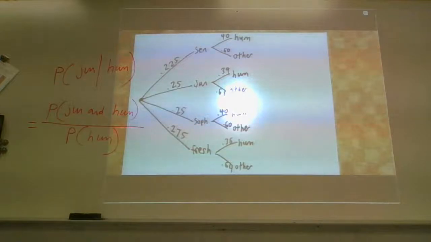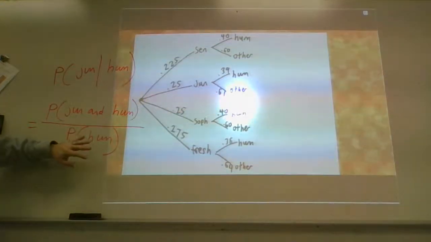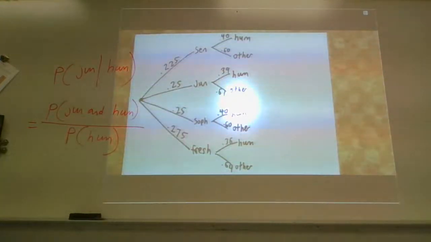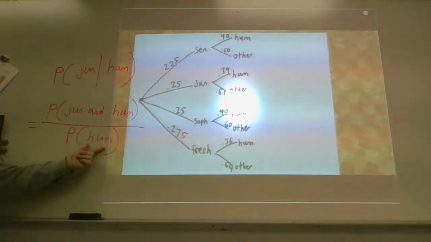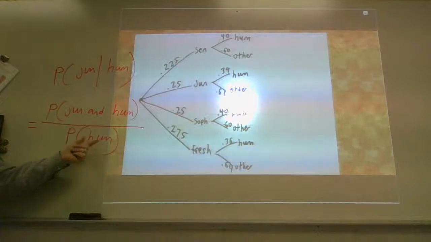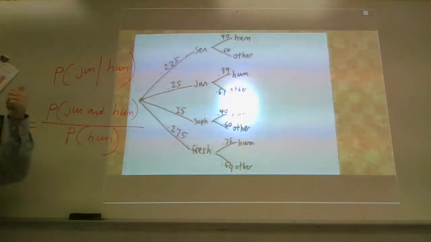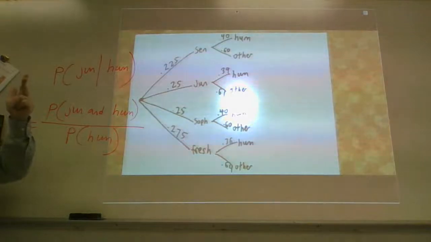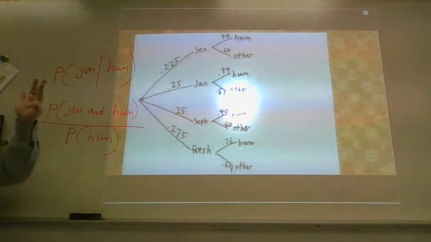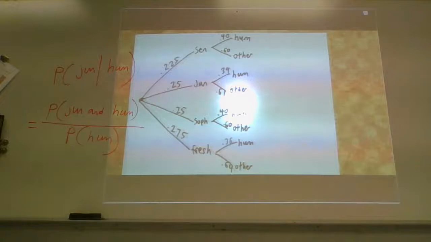But then, in order to figure out the bottom of the fraction, this is the trickier part. If you're a humanities major, you could be a senior or a junior or a sophomore or a freshman, or implying what operation? Addition.